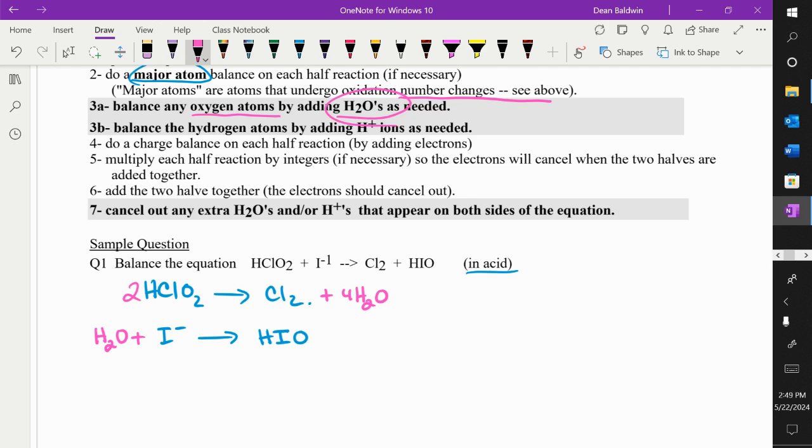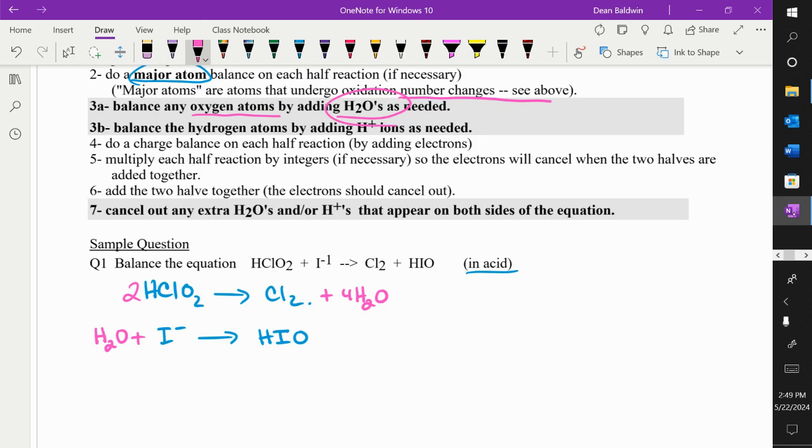Okay. Now we have to balance the hydrogens. We are in acidic solution, so we're going to balance the hydrogens by adding protons, H+. Okay? So look at the top one. We have 2 hydrogens on the left, and we have 8 on the right. So what am I going to do? Where am I going to add my protons? The right or the left? For the top one. On the left, right?